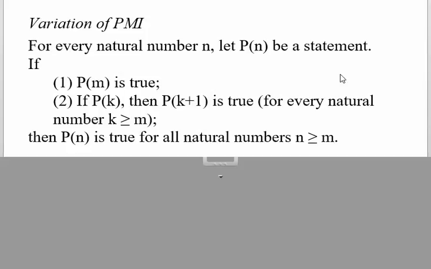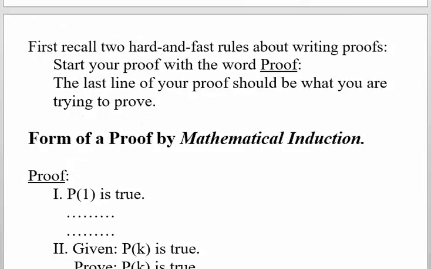The two things we establish here is that there's a starting statement that's true, Pm, maybe that's statement P5. And then if Pk is true, then Pk plus 1 is true. And we make the conclusion that the statement Pn is true for all natural numbers n greater than or equal to m.